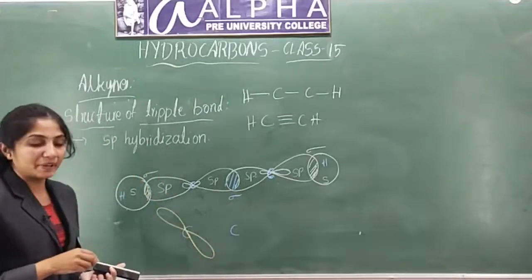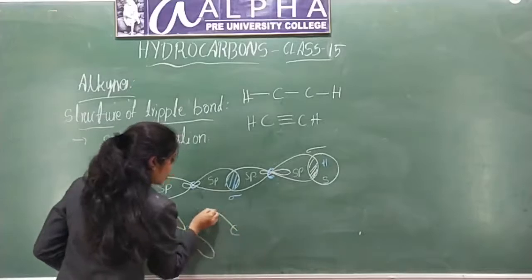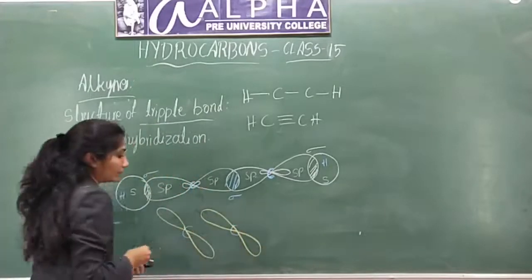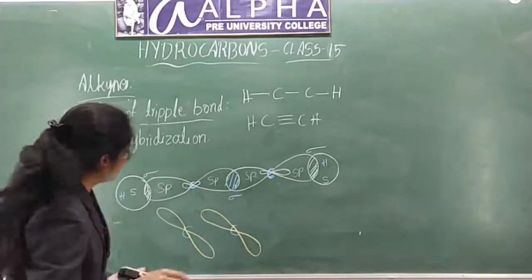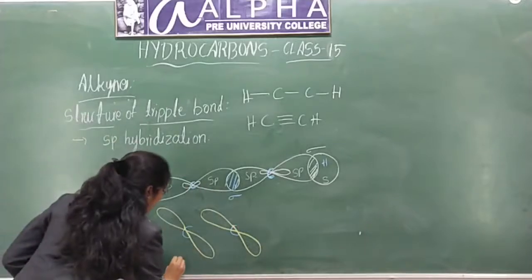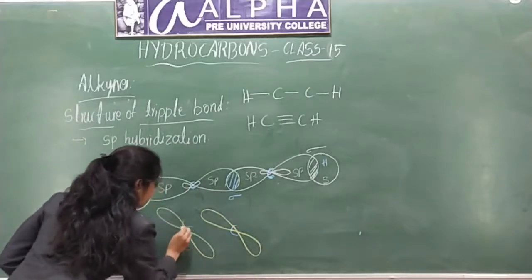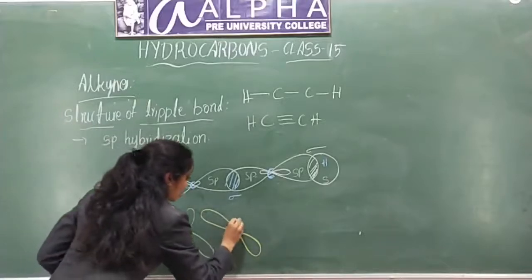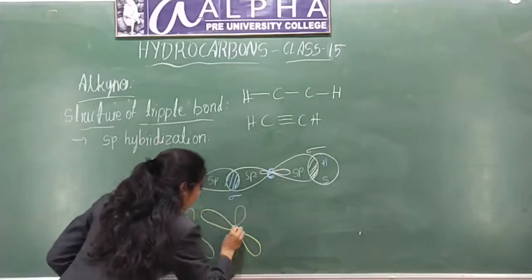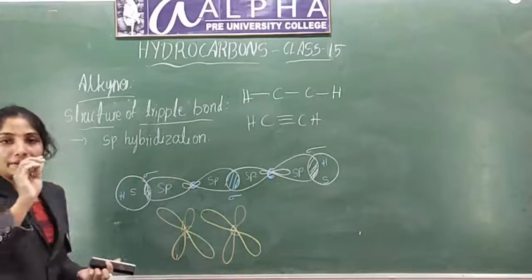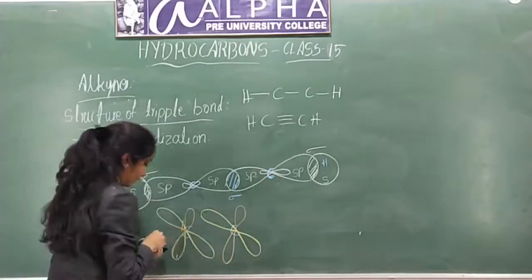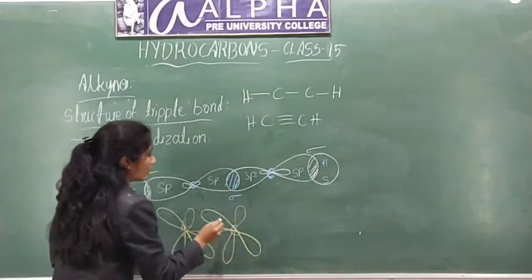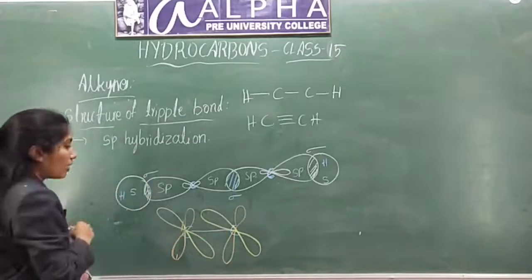One unhybridized p orbital here, and for this carbon also one unhybridized p orbital, and one more unhybridized p orbital on both the carbons. Both the carbon atoms contain two unhybridized orbitals. There already exists one sigma bond between these two carbons and the hydrogen. So what will happen?